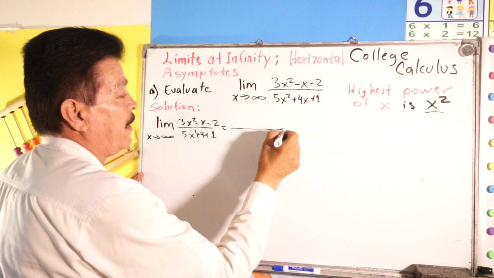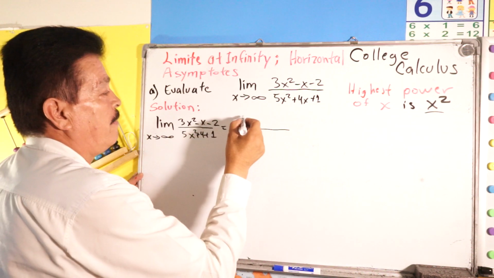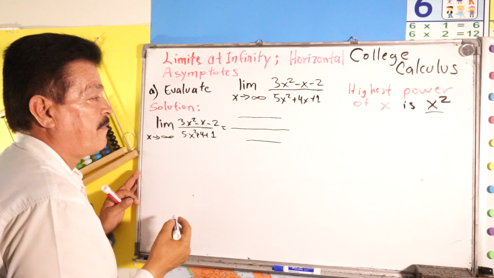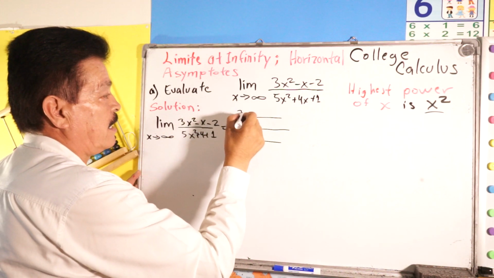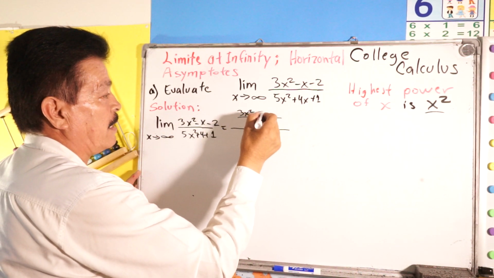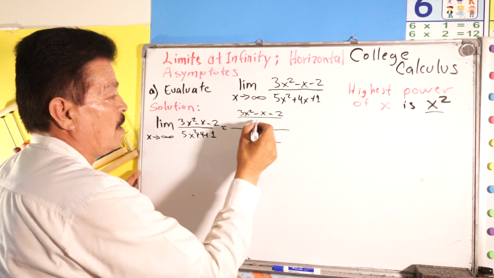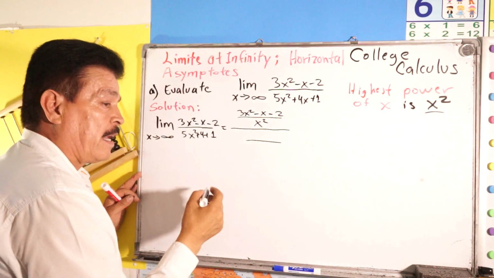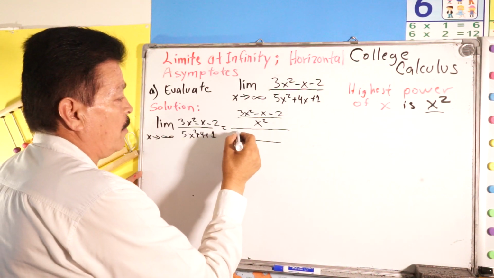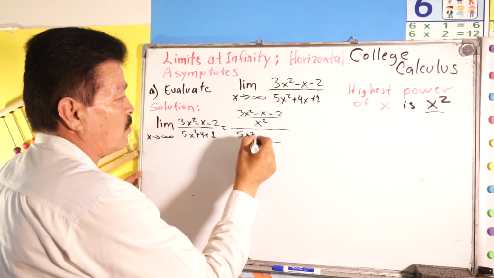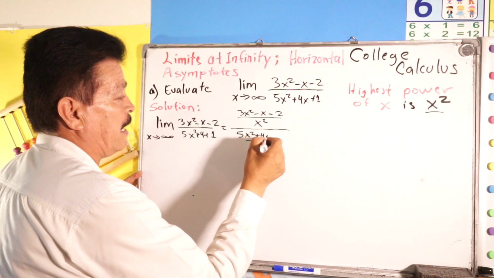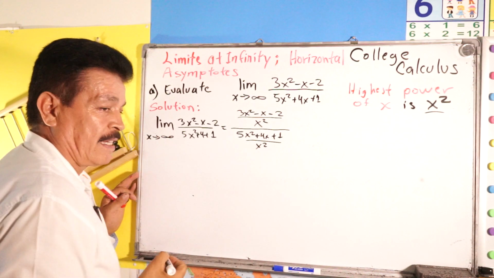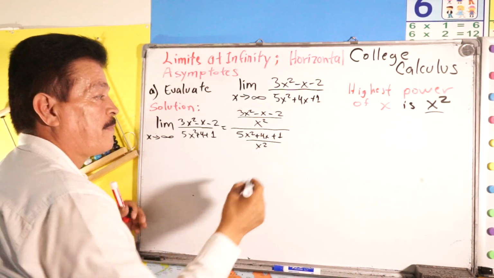So we will have this fraction: 3x² − x − 2 divided by x², and in the denominator 5x² + 4x + 1 also divided by x².